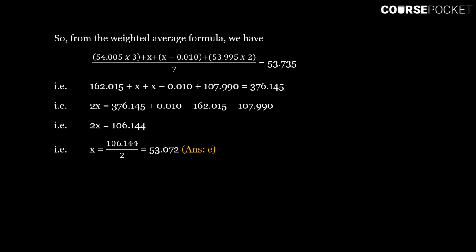54.005 multiplied by 3, the total weight of the body in the first 3 experiments, plus x, weight of the fourth experiment, plus x minus 0.004, weight on the fifth experiment, plus 53.995 multiplied by 2, weight of 6th and 7th experiment, whole divided by 7 is equal to 53.735 gram.